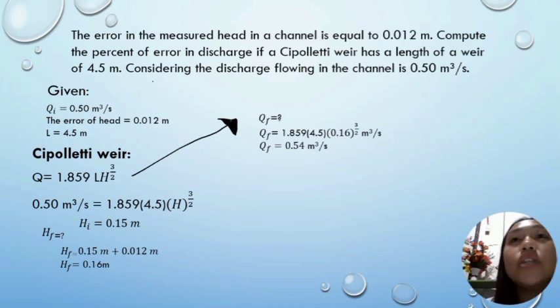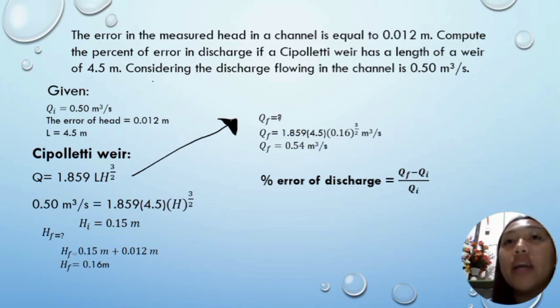Since the question is to compute the percent of error in discharge, we need to get the percent of error in discharge. The equation for that is final discharge minus initial discharge all over initial discharge.